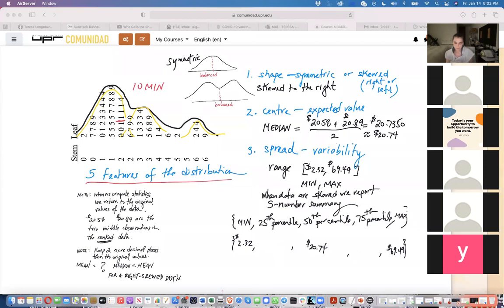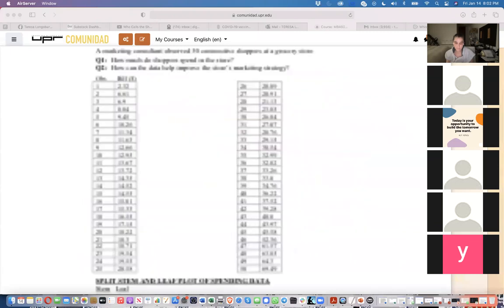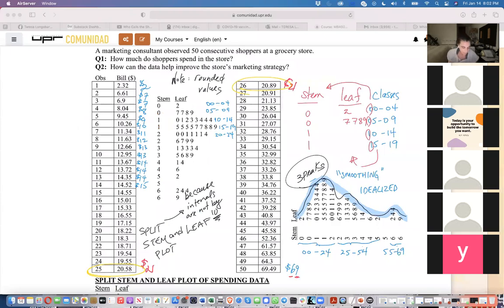So how do we find the 25th percentile? Let's go back to the data. Okay, returning to the data. What you need to do is find halfway through this data.